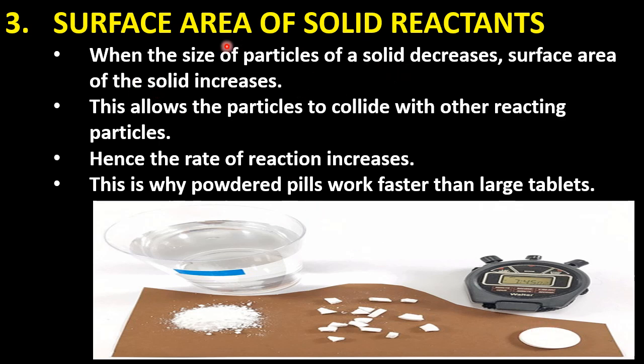We are saying that when you crush particles of the reactants, cut them, make them small, you are increasing the surface area, so that will make particles collide with each other very, very easily, and that will lead to a high rate of chemical reaction.